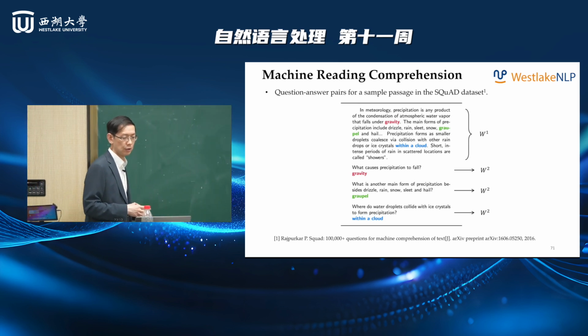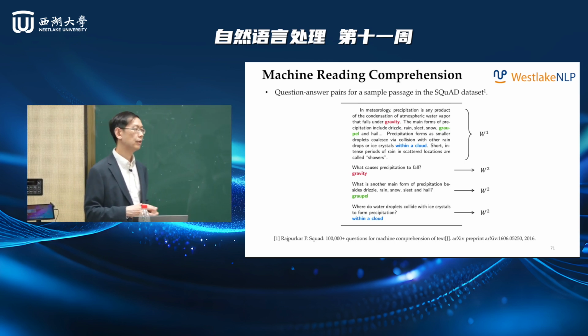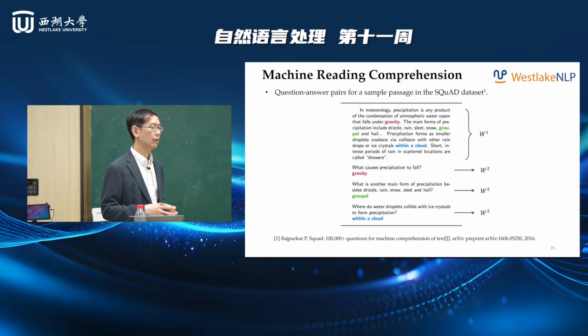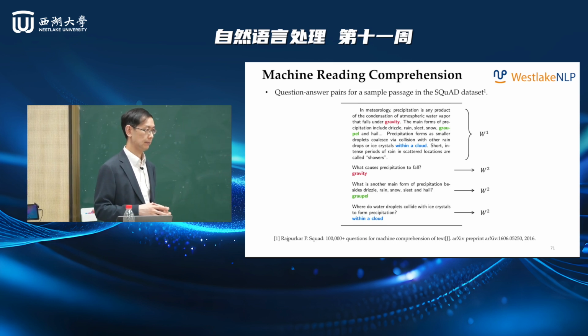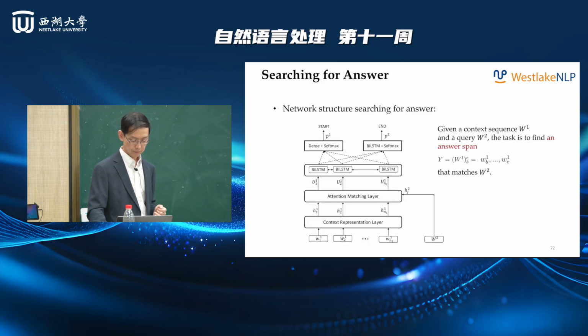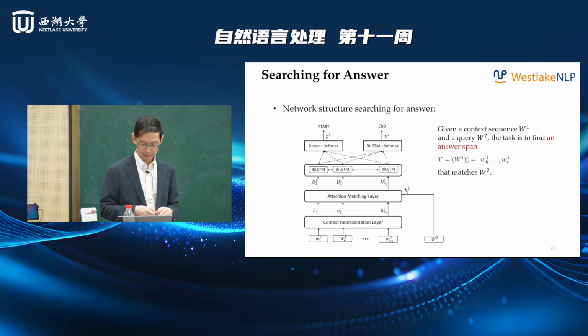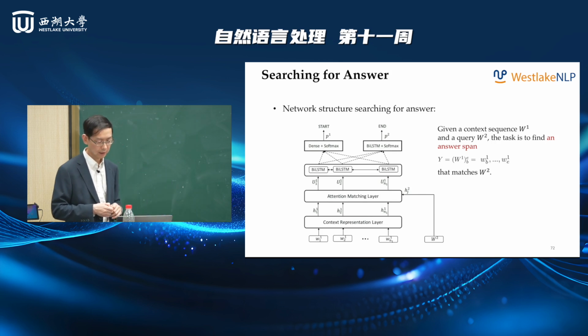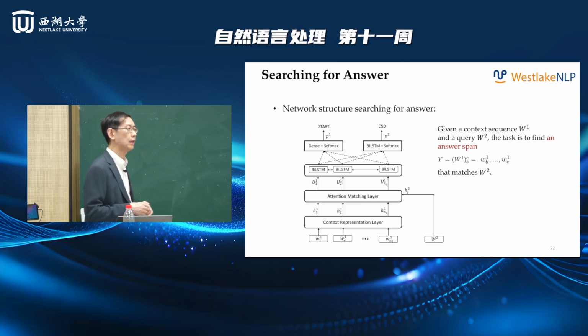So this structure is obviously different from the text matching structure. It's non-symmetric. How do I find the answer span? Basically, I first tell you the basic idea.